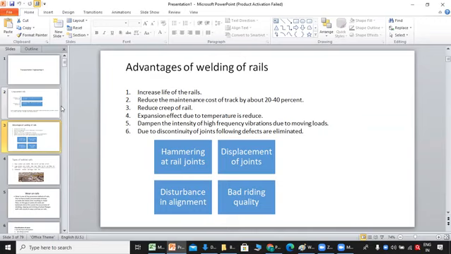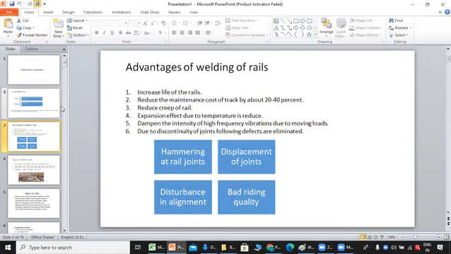At the joint, the rail ends are battered, rails are completely damaged, and some material is worn out. If we do not weld that particular rail, we have no other option but to remove the damaged rail and put a new rail at that section.